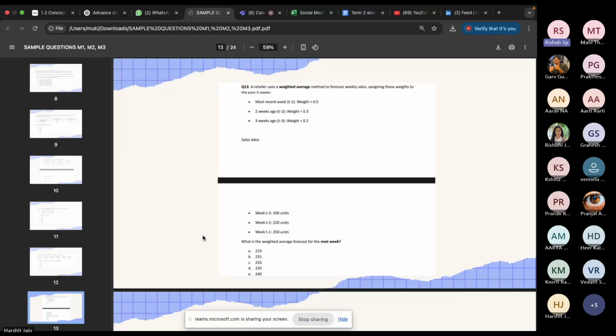So it's basically easy. We just need to multiply weight into number of units, sum up everything, divided by the sum of weights, which will be 1. You can show the solution, Harshit, if you want.